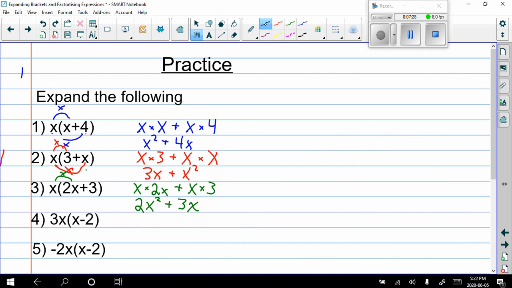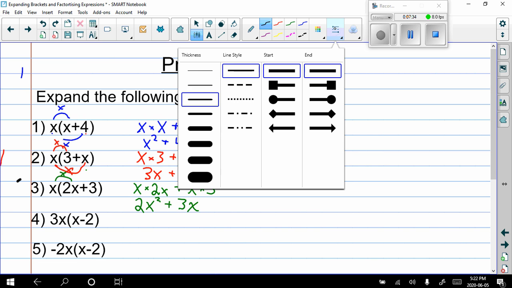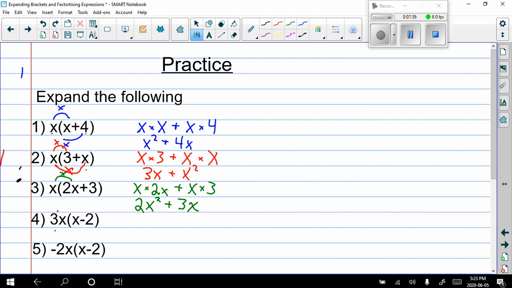Next one, we have one of those little bit harder ones, right? We have a combination of variables and numbers. So we have 3x times x, so 3x times x, and then we're going to go with 3x times negative 2.